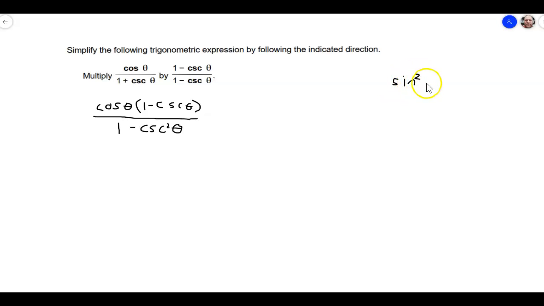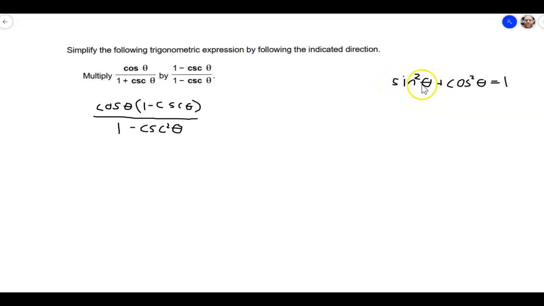So sine squared of theta plus cosine squared of theta is equal to 1. This is the easy one to remember. Now, this has a cosecant squared of theta in it, which is 1 over sine squared of theta. So in order to get a cosecant squared of theta, I need to divide this one by sine squared of theta. So I'm going to divide everything by sine squared of theta to get my new one.